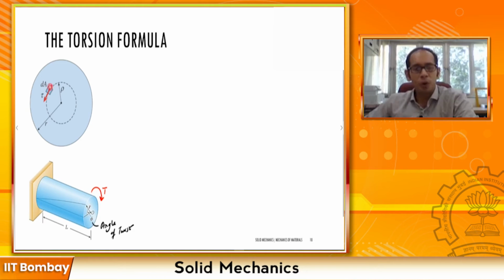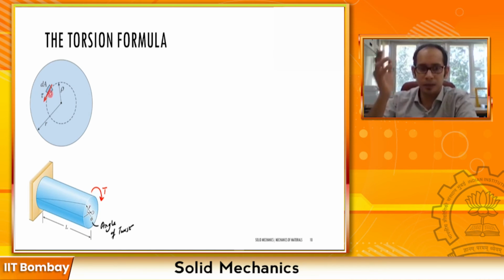So if the force is tau times dA and the distance of this element from the centroid is rho, what is the moment that this particular element is imposing about the center? Since I'm working with a very small element dA, the very small moment it imposes is going to be, say, dM.